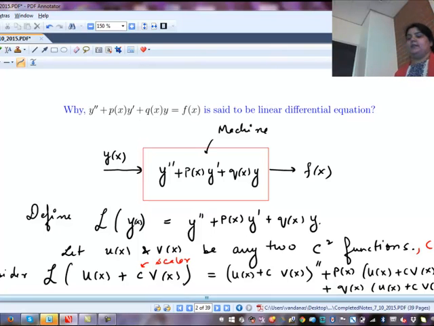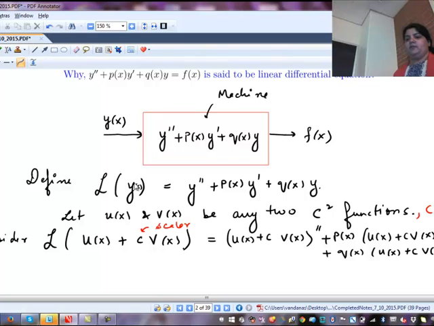So what is the right hand side? How will we simplify it? What should I do further after this step? What can we do? (u(x) plus c times v(x)) double derivative. I need to remove these brackets and simplify this expression on the right hand side.